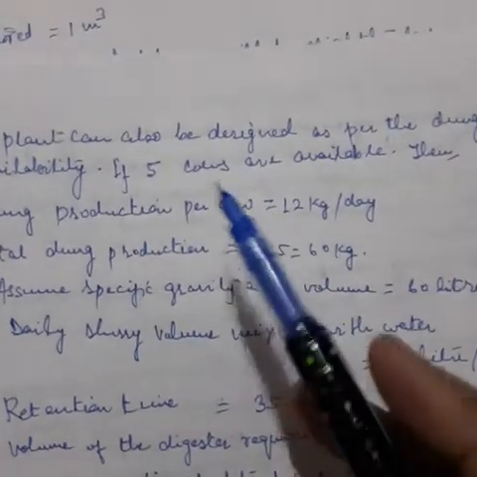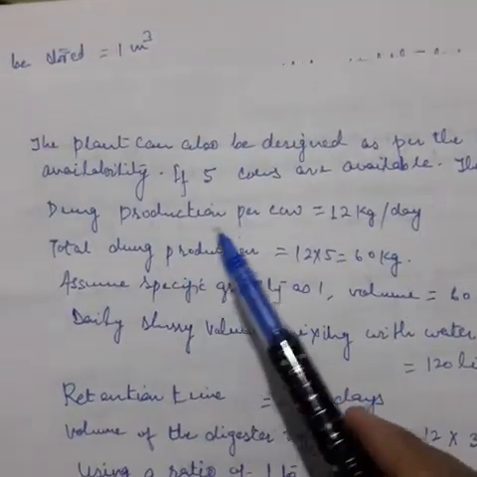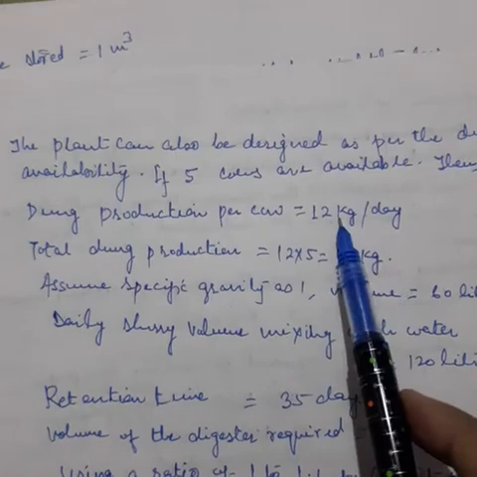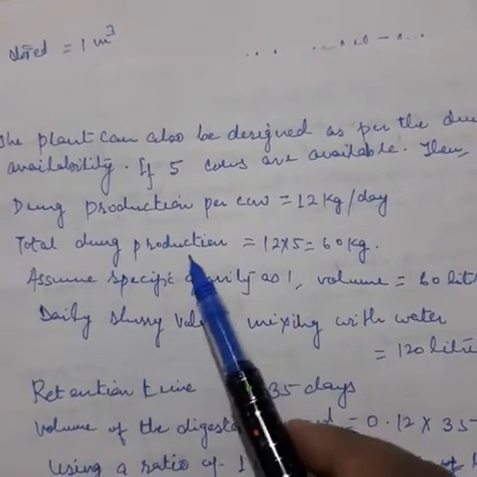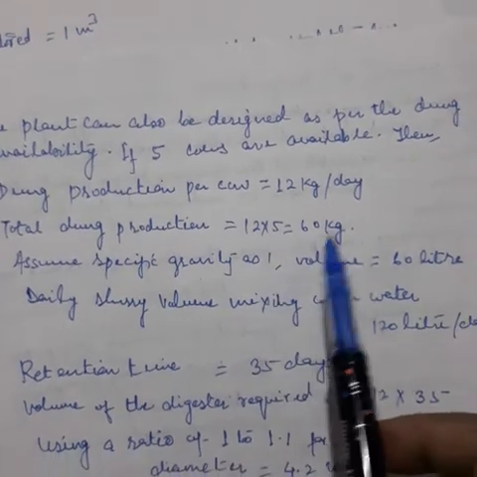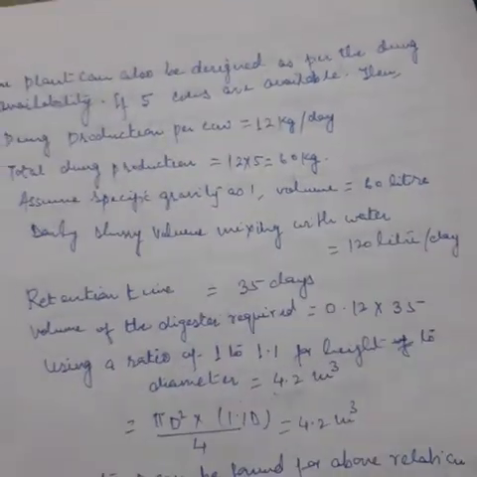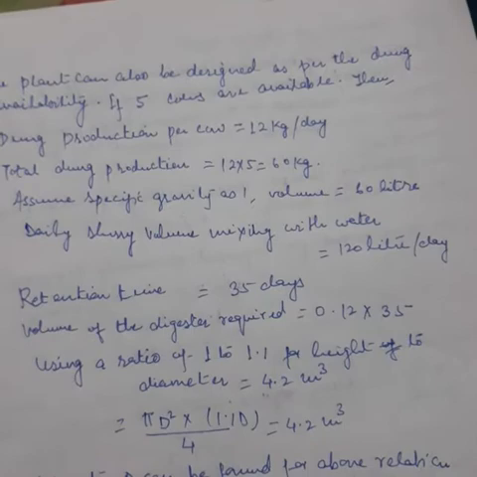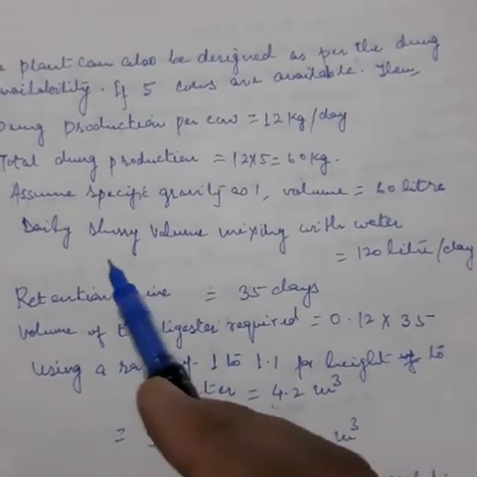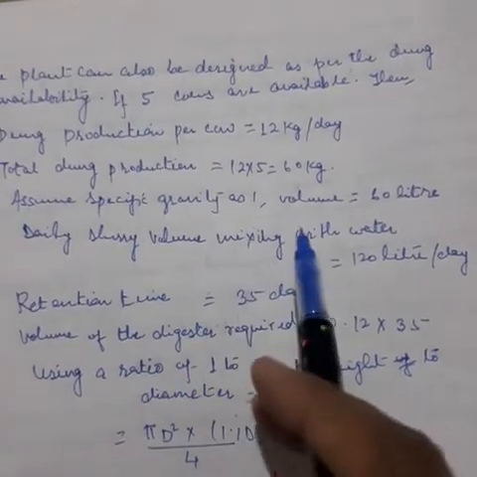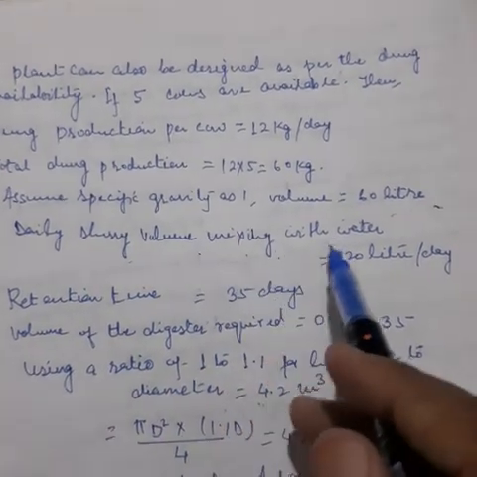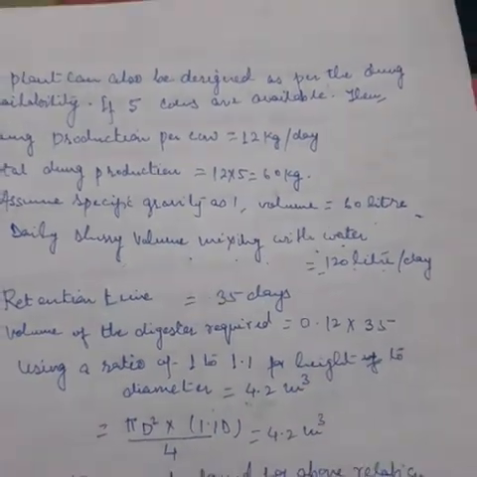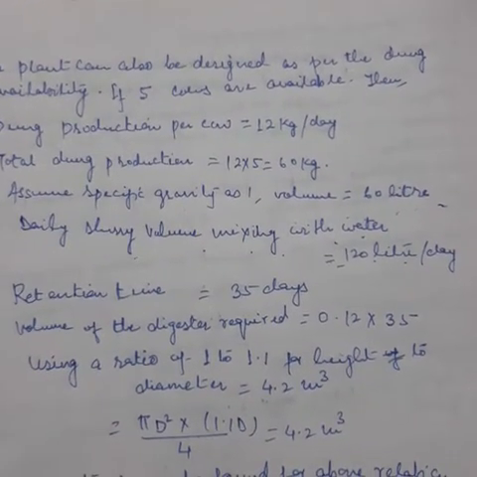If 5 cows are available, then dung production per cow is 12, and for 5 animals the total dung production is 12 into 5, equal to 60 kilogram. We know that with the assumed specific gravity of one, the volume is equal to 60 liter. Daily slurry volume mixed with water is equal to 120 liter per day.